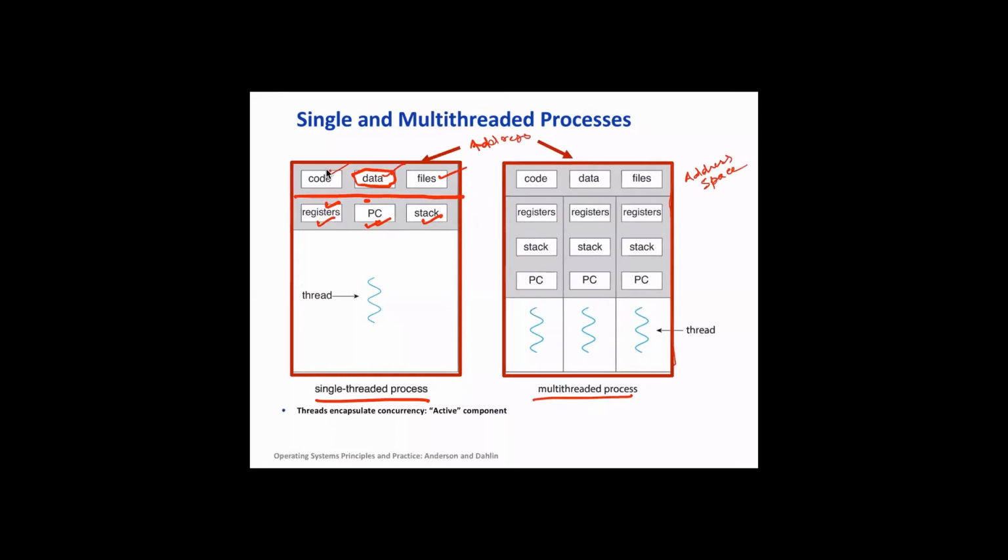They share code. All threads of a process are running the same code, changing the same global data values, and using the same set of files.